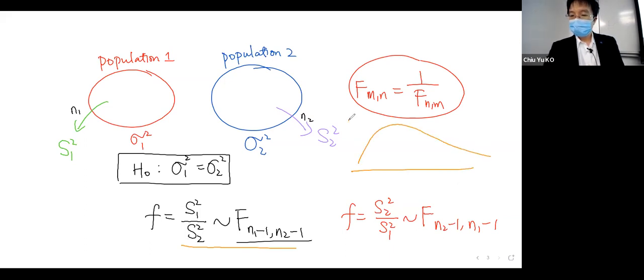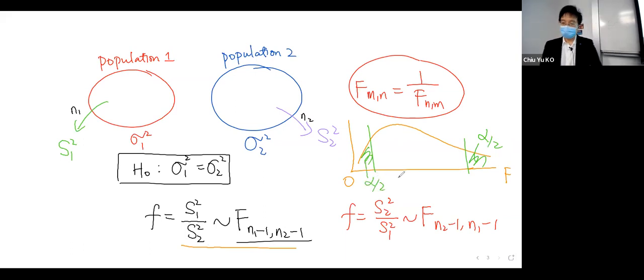This is F. It comes from 0 because the ratio cannot be negative, so it starts from 0 and looks like this. Usually you have to look at alpha over 2 here and alpha over 2 here. So you have to look at left and right and check carefully.